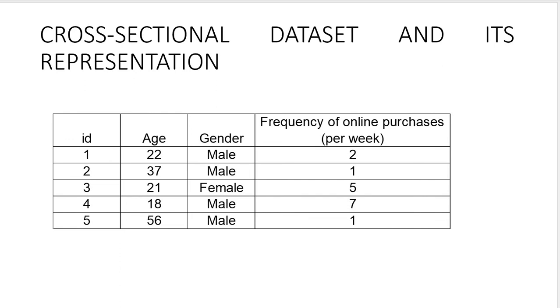So for the first consumer, age is 22, you know that this consumer is male, and you know that this particular consumer makes online purchases twice a week. The second consumer is 37 years old, he's male as well, and this consumer makes online purchases once a week.